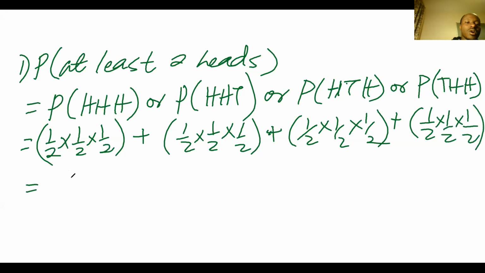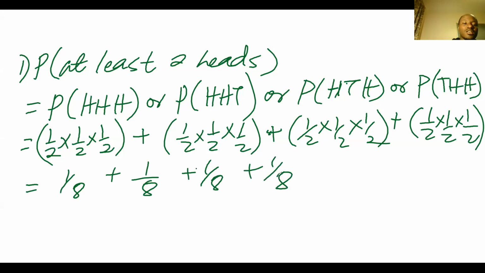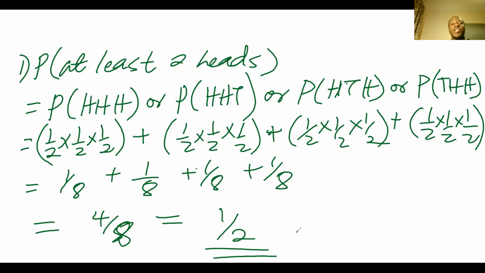So this is 1/8 or 1/8 or 1/8 or 1/8, which gives you 4/8, and 4/8 can also be written as 1/2. So yes, the probability of getting at least two heads is 1/2.